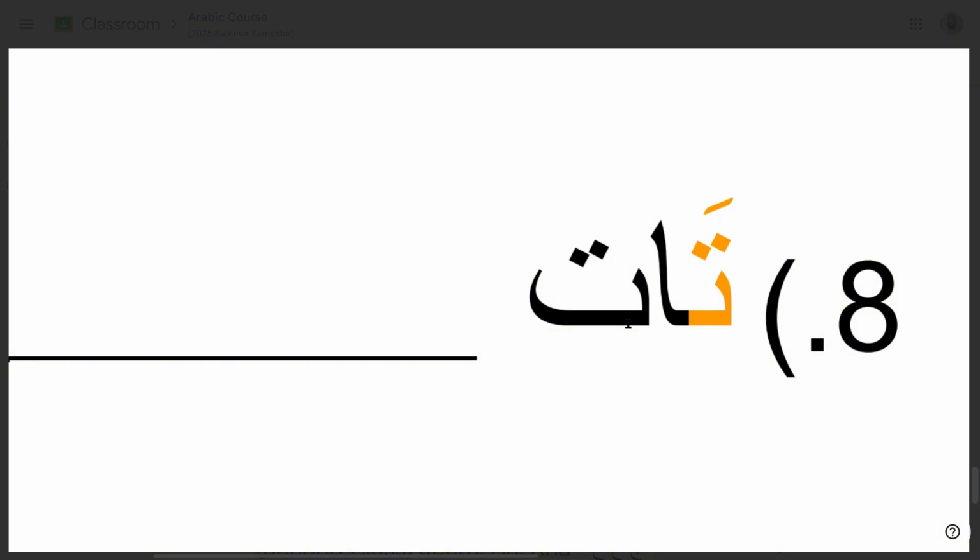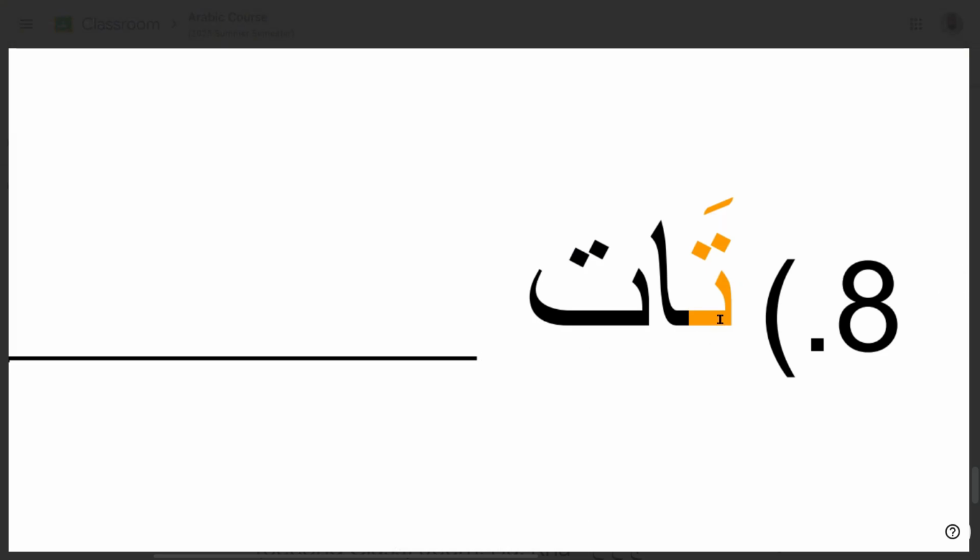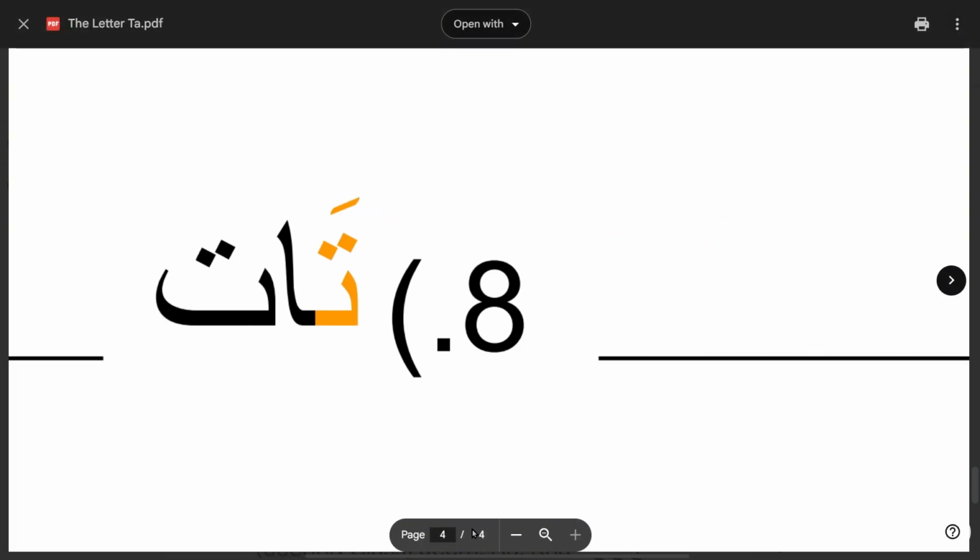There it is. So we have a ta with an extension of the alif, and then you finish with a T. So it'll be taat, tat. And this is called a sukun when there's nothing on it, the consonant without a vowel.